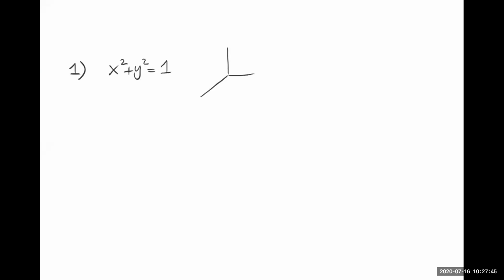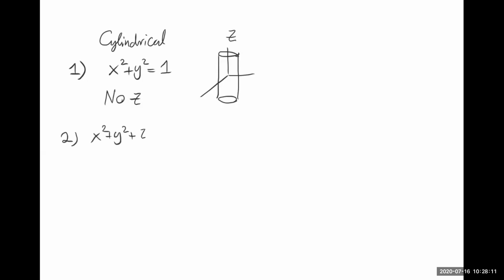It's something only in terms of two variables, no z. So it's a cylindrical equation, and it extends in the direction of the variable which does not appear here.